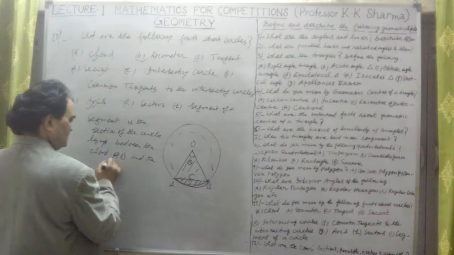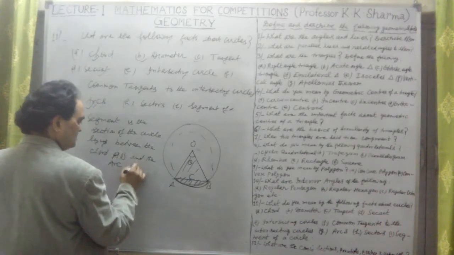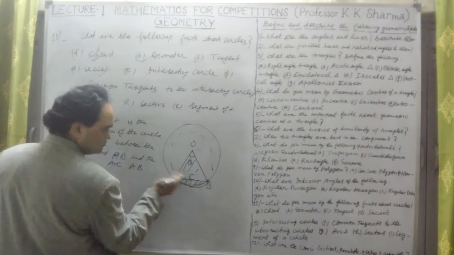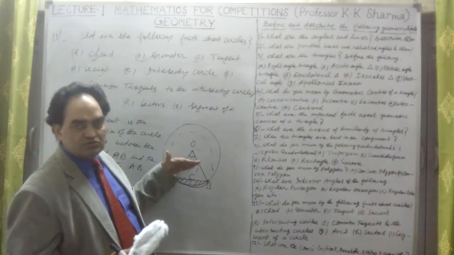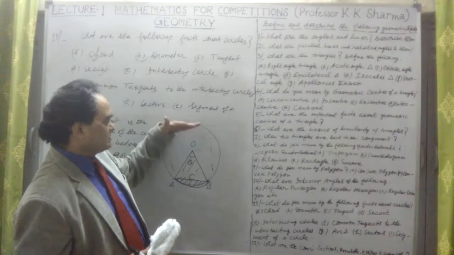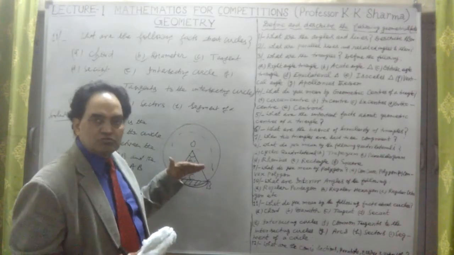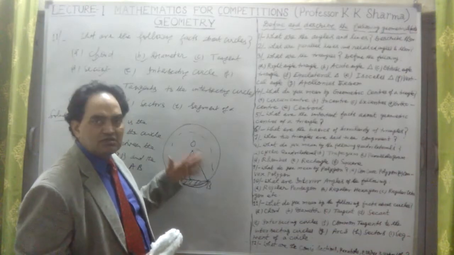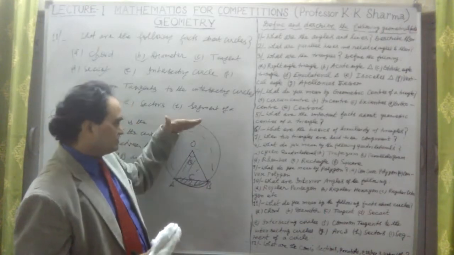So there are two sections of this. This is the minor segment, this is the major segment. A circle is divided into two segments, a minor segment and a major segment.